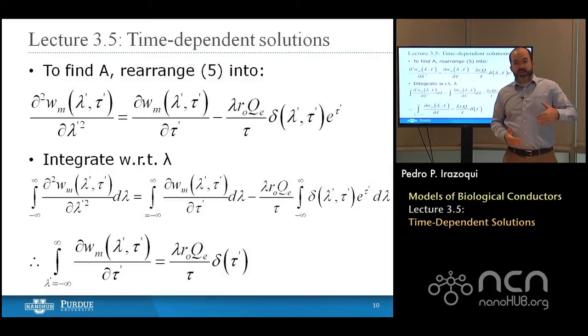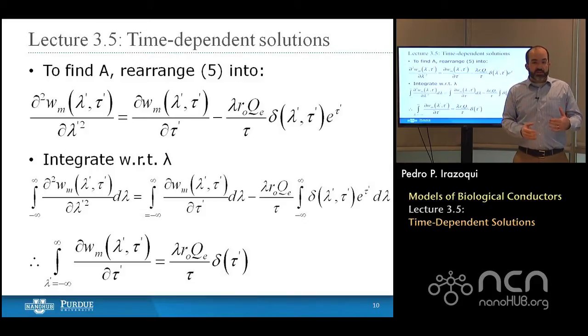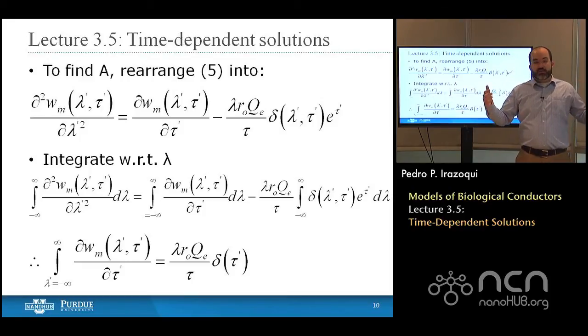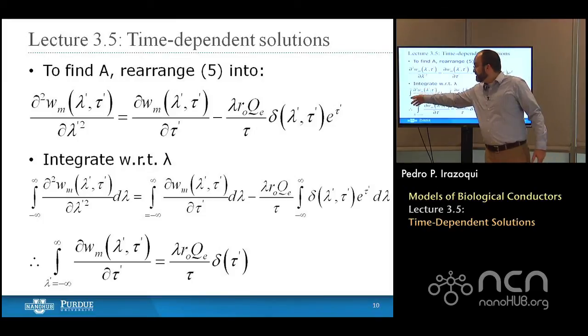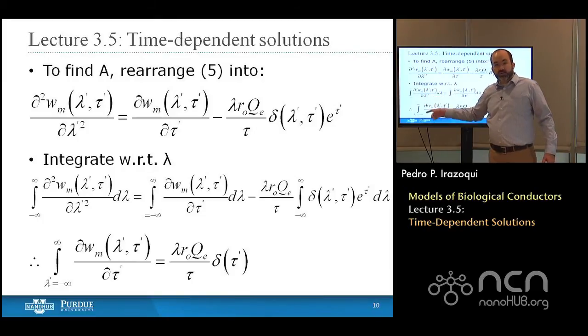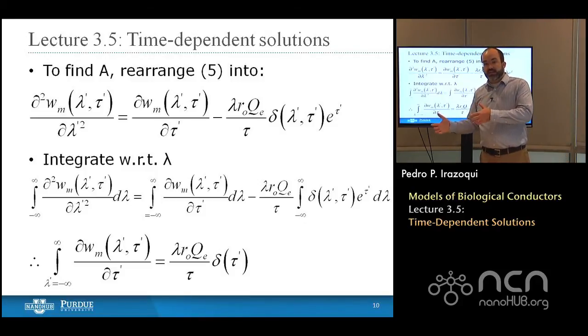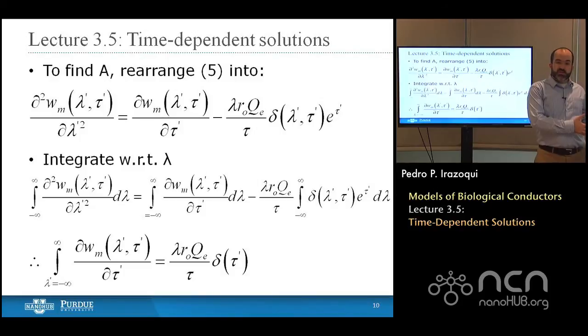So the total charge in has to equal the total charge out because the ending voltage is the same as the starting voltage. So the integral of the membrane current, the integral of the second derivative of the membrane voltage, has to be 0 because the membrane voltage at the end of the action potential is the same as at the beginning.